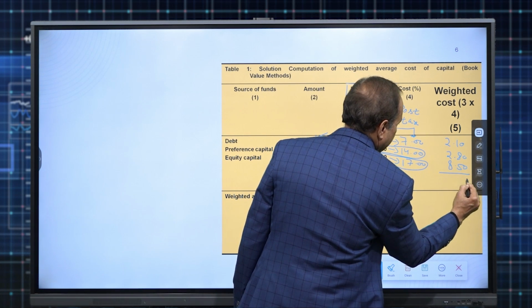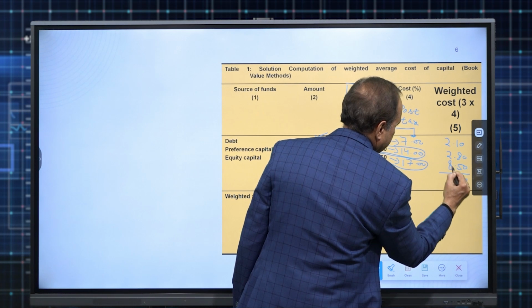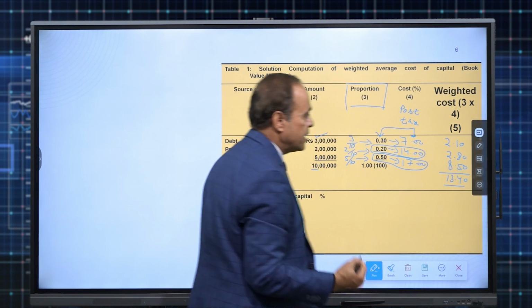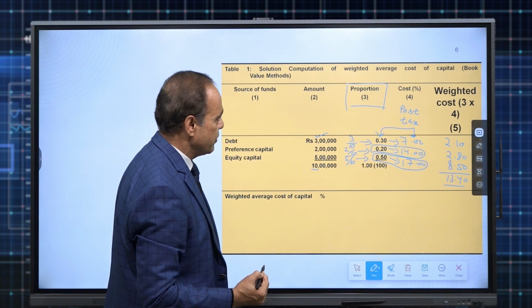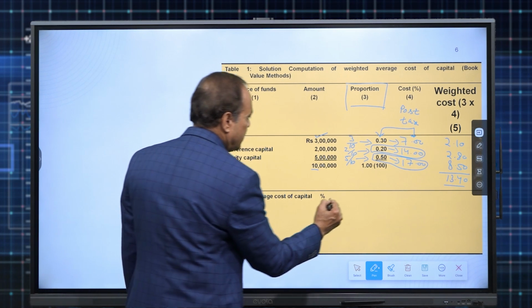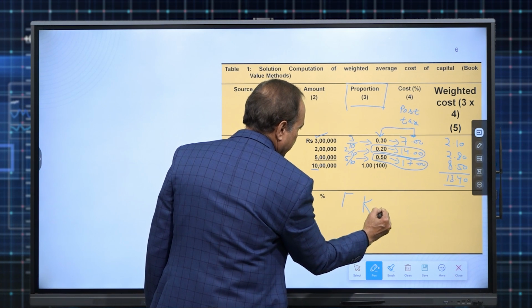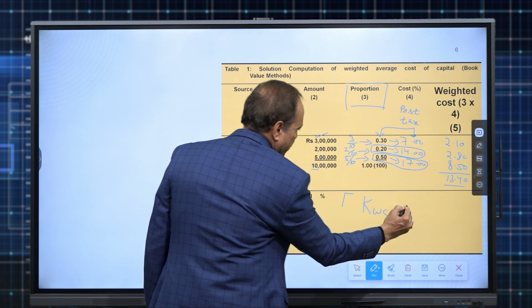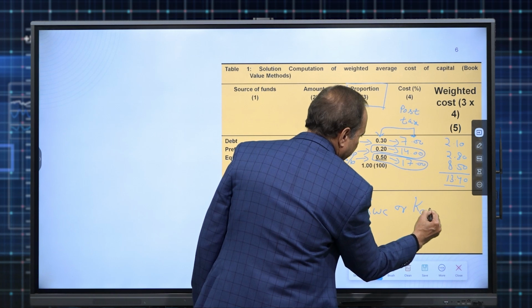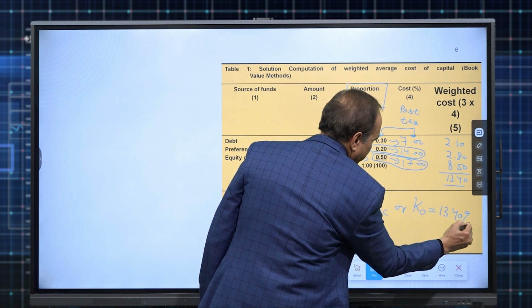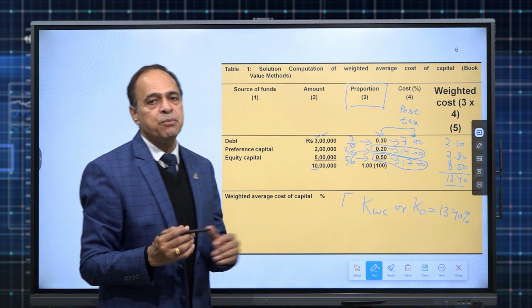And then make a sum of that. I hope we have summed it correctly. So that becomes 13.4%. So we can say KWC or KO, different symbols are used, is 13.4%. So what is the meaning of this 13.4%?